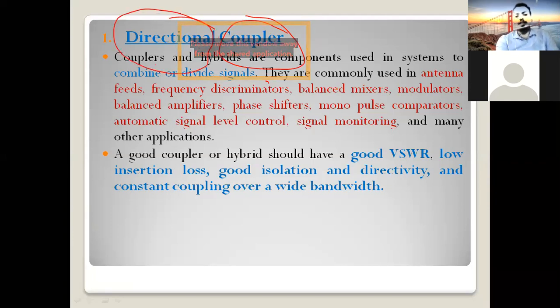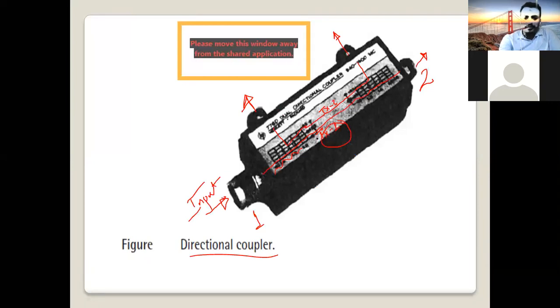We call it the directional coupler. So why is it called a coupler? Because in this device we have two transmission lines very close to each other.